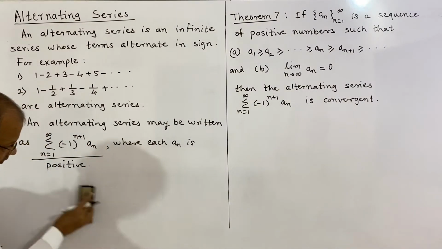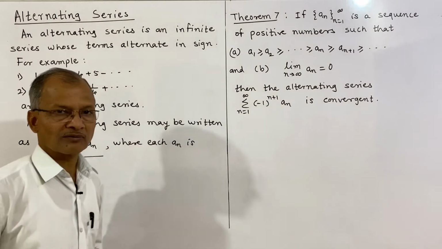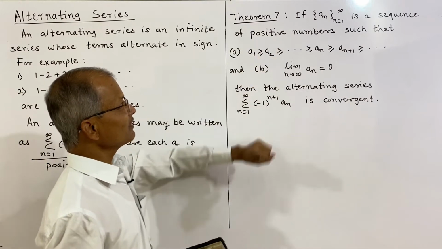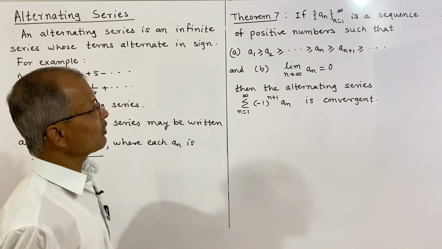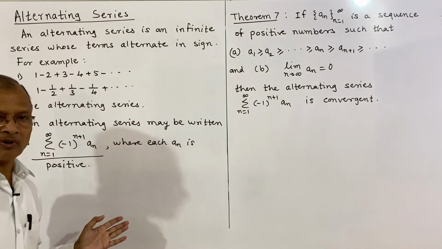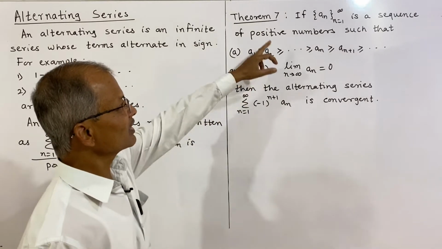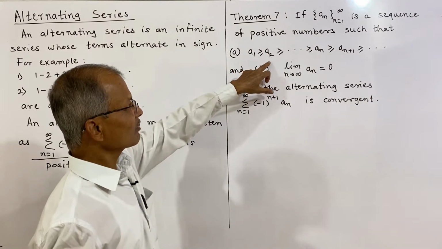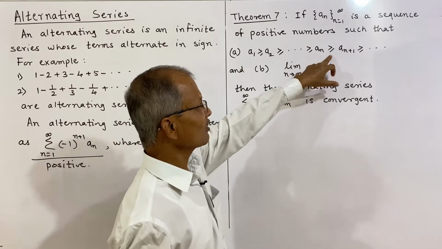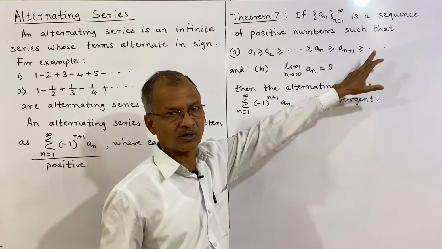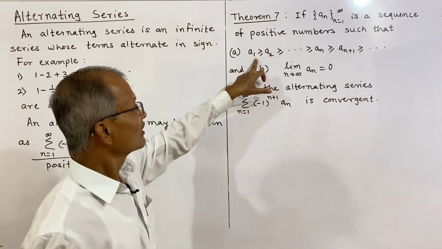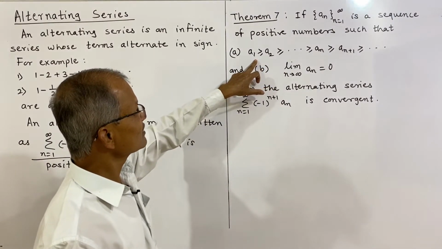Now, we shall prove a theorem relating to the convergence of this series. The theorem is theorem number 7. If an is a sequence of positive numbers such that a1 is greater than or equal to a2 is greater than or equal to a3 and so on, in general an is greater than or equal to an plus 1, this means the sequence is non-increasing.